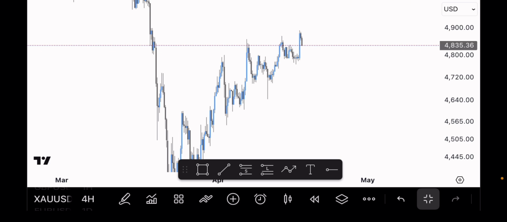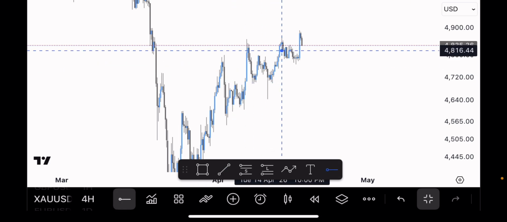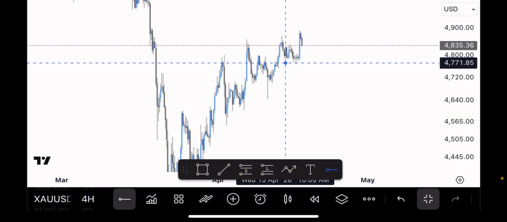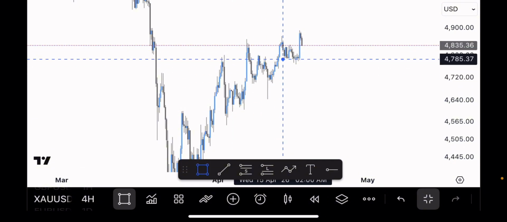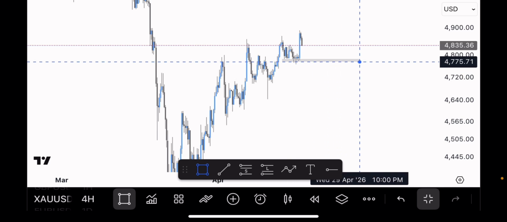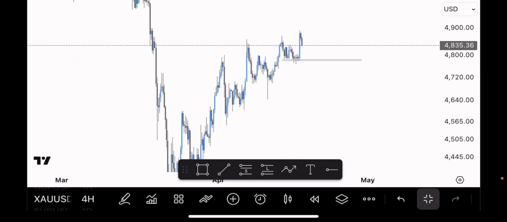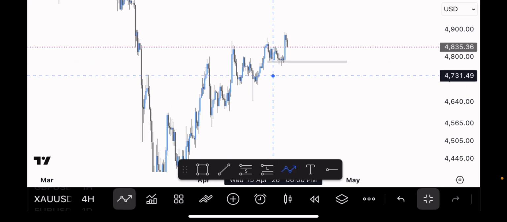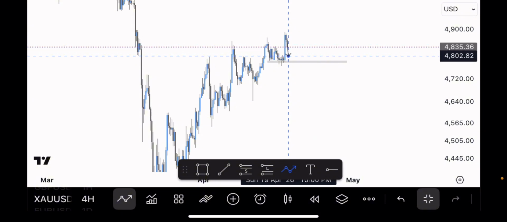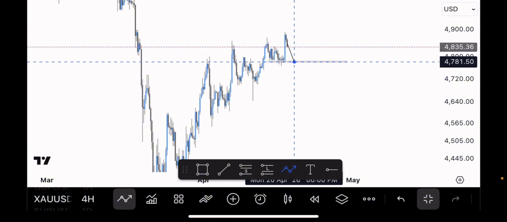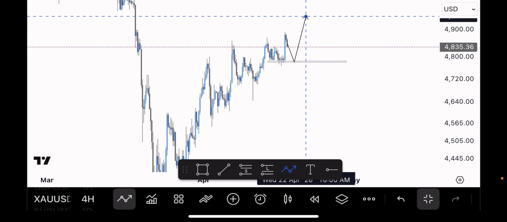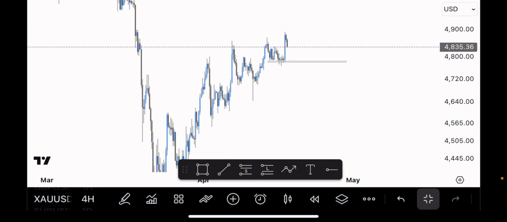So this was our support level. We are expecting the market to pull back to test this area before we continue buying XAUUSD. So we finish the H4 time frame.